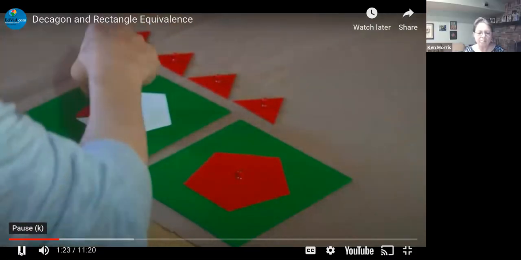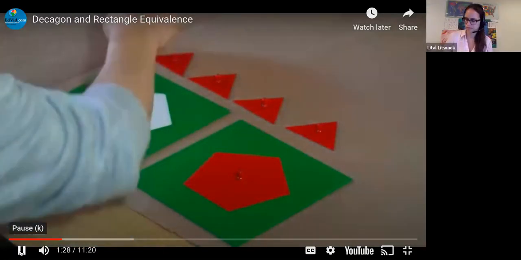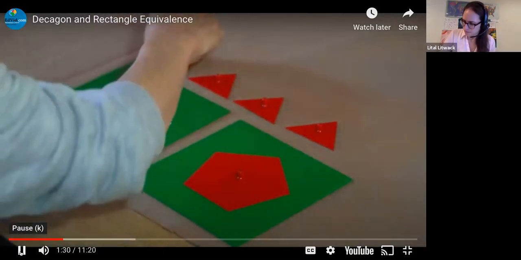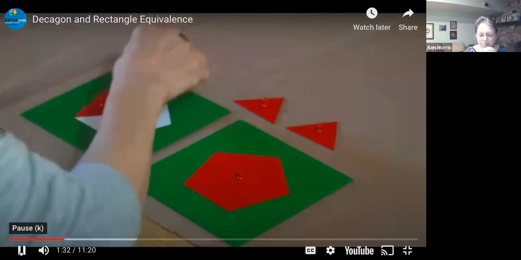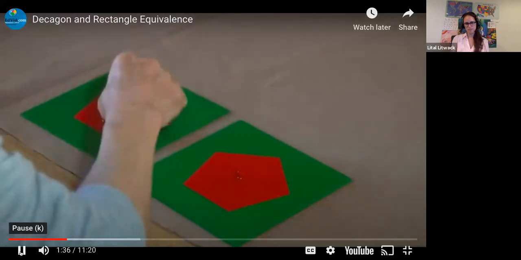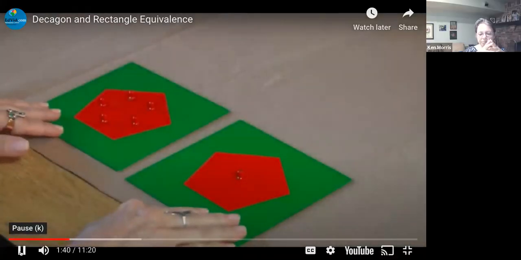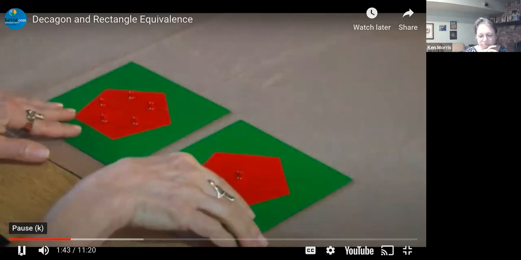The base of each of the triangles is equal to the side of the regular pentagon. So for right now, we'll put these pentagons aside and move on to another regular polygon.